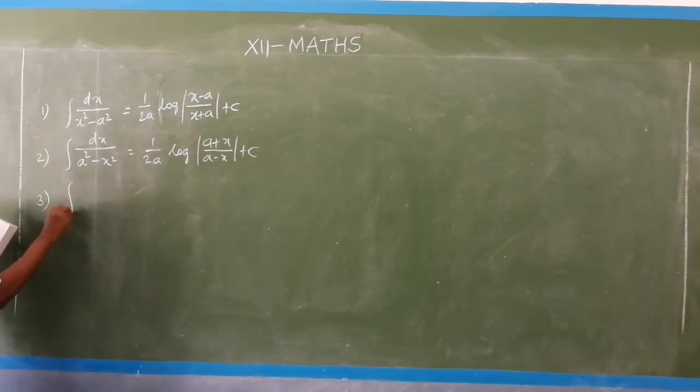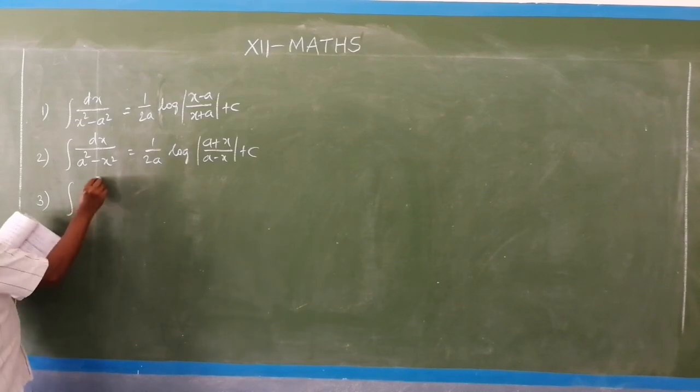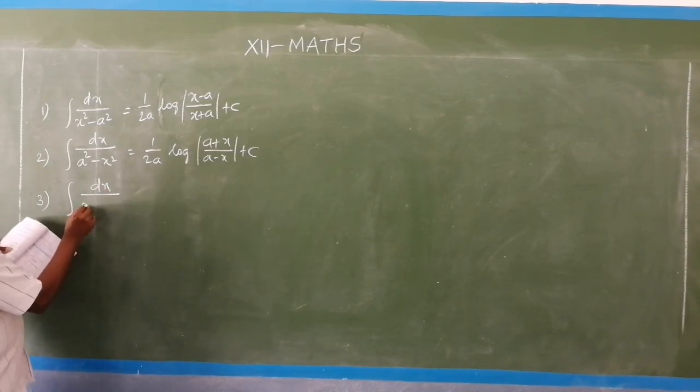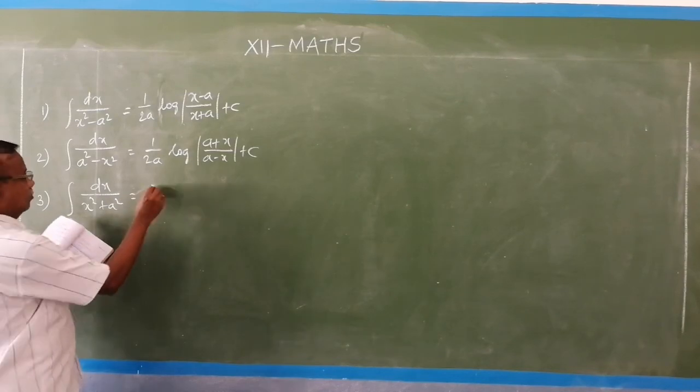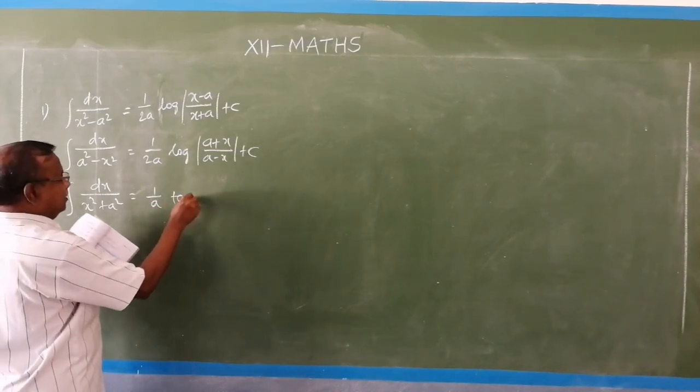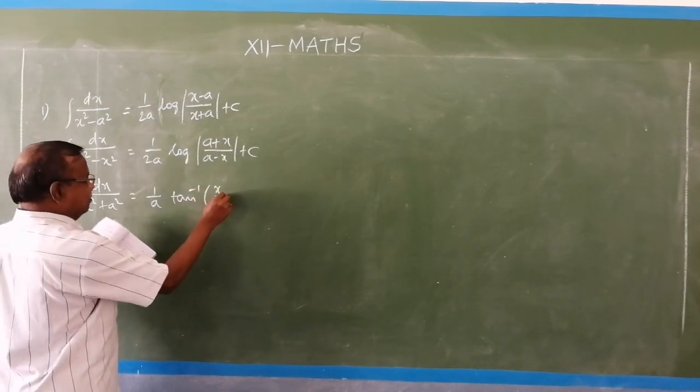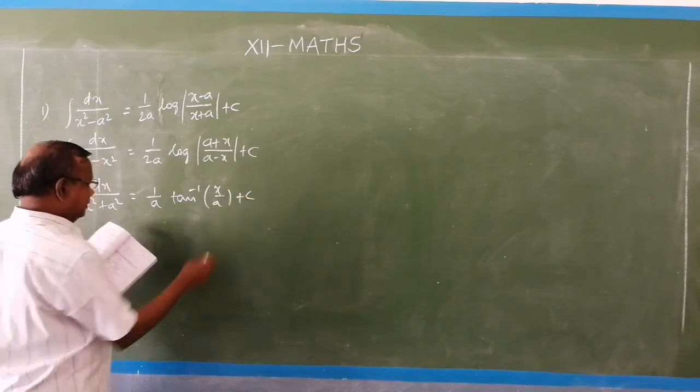Number 3, integral dx divided by x square plus a square equal to 1 by a into tan inverse of x by a plus c.